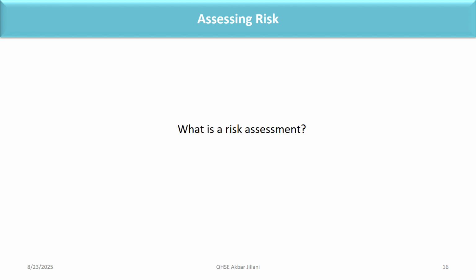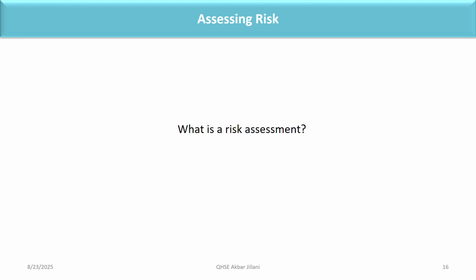A risk assessment is actually something we do in our everyday life. Once we are eating food, we see whether it is spicy or not spicy. This is also a risk assessment. When we cross the road and we see the signal is green or not green, if red, then we stop.